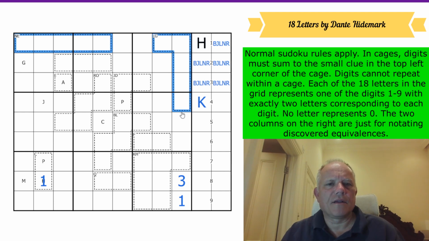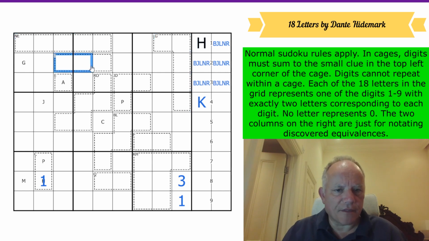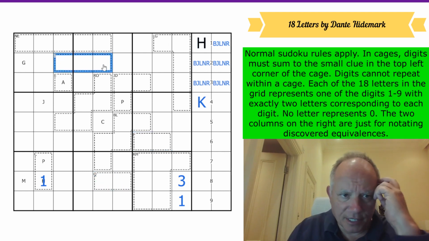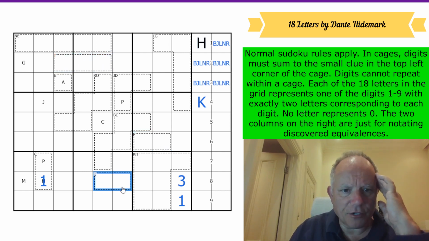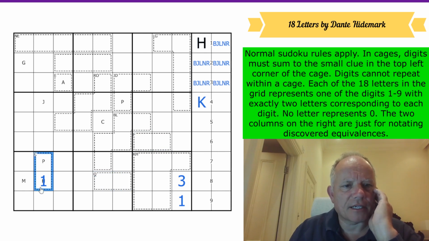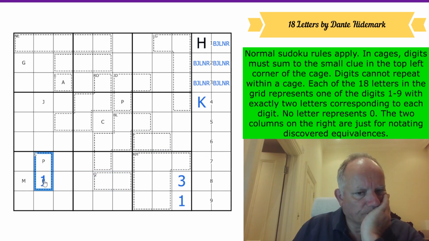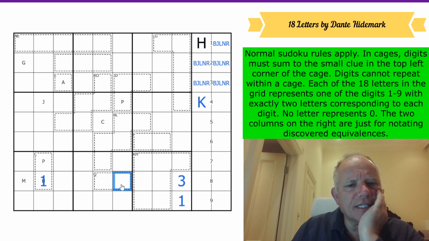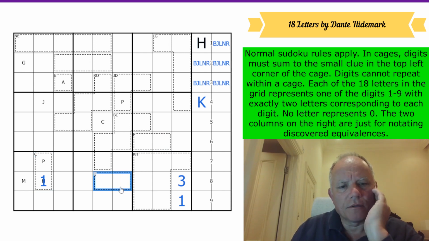Oh, hang on, let's have a look at these other cages. I, F, and Q. I is 3 digits. F and Q are 2-digit cages, like C. Oh, Q is at least 2 plus 4. So Q has to be at least 6.